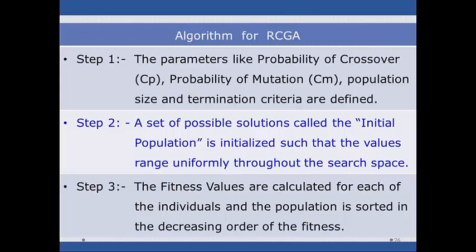We take some percentage of strings for the crossover, so it is called the crossover probability. Again, for the probability of mutation, a very small number of solutions is considered for the mutation. This is called the mutation probability. And again, population size and termination criteria.